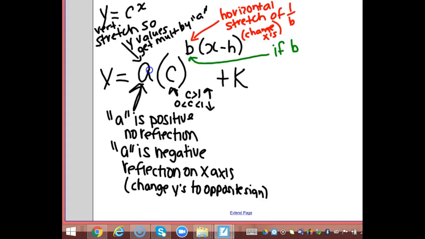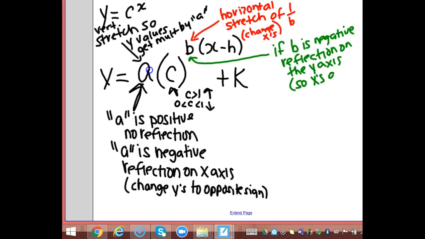If B is negative, it's called a reflection on the y-axis. So x's are opposite sign. Okay, so that would just change all your x values to the opposite sign.